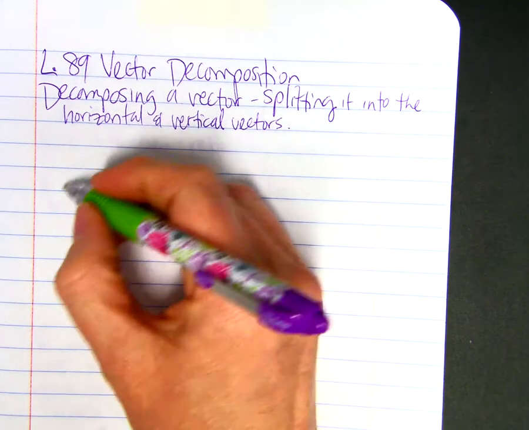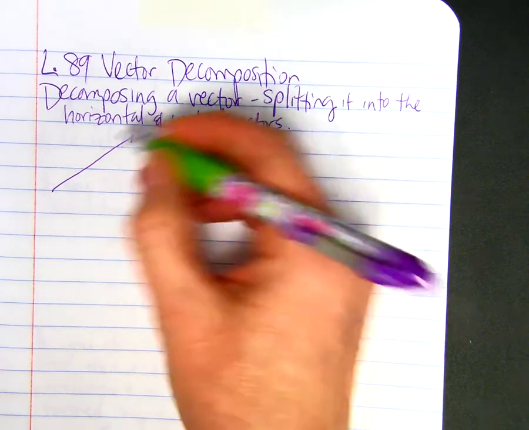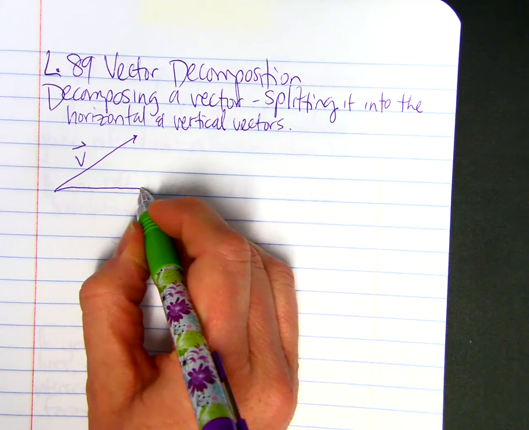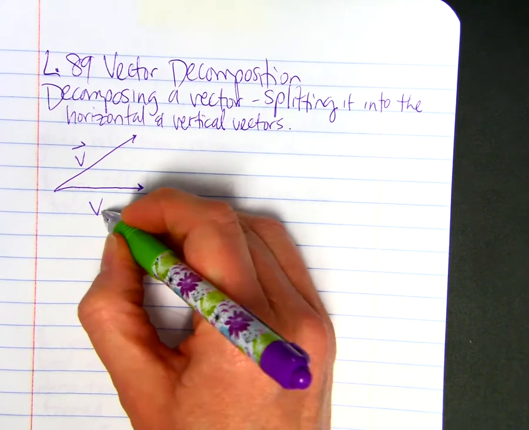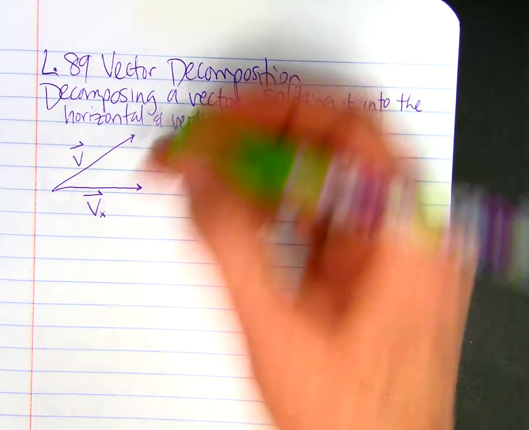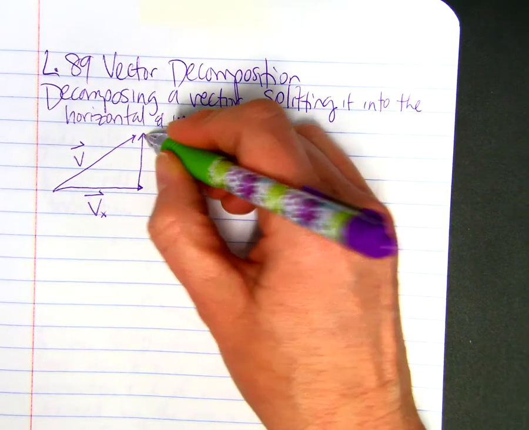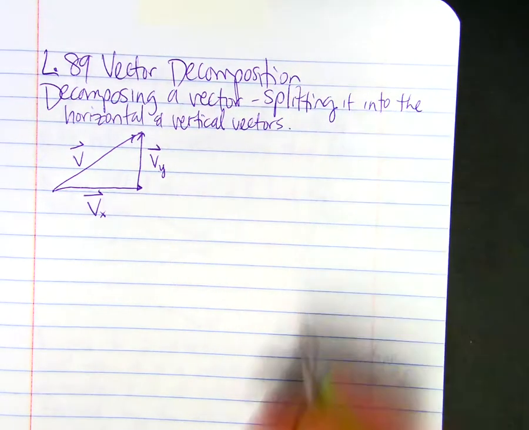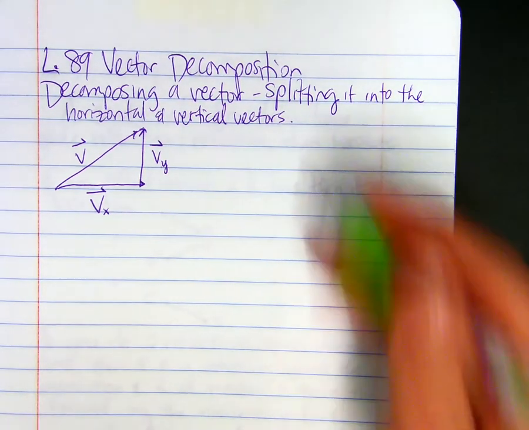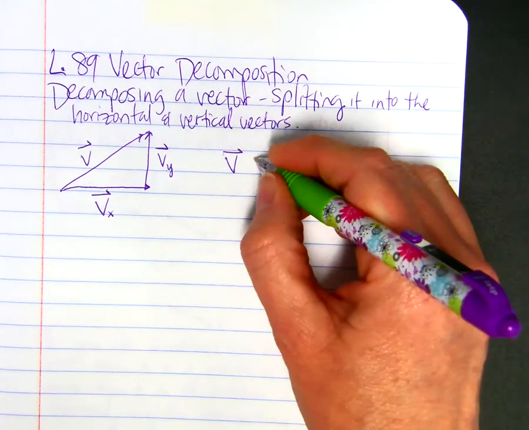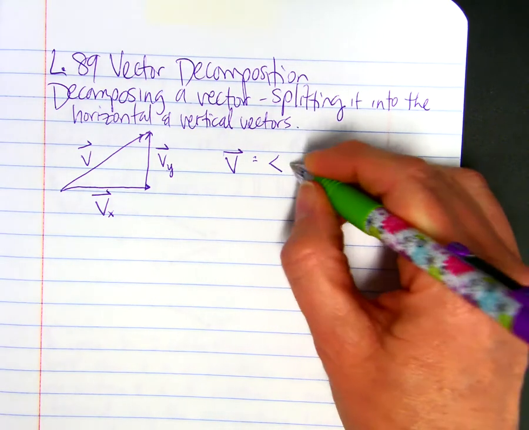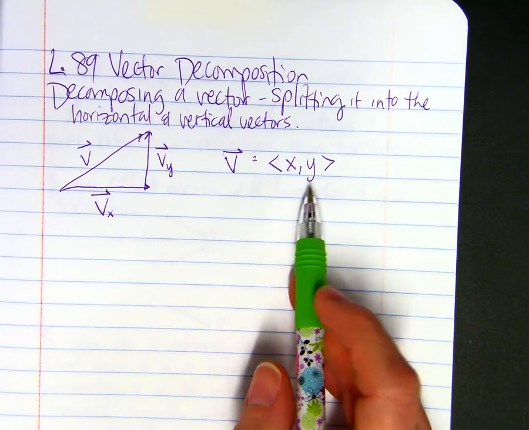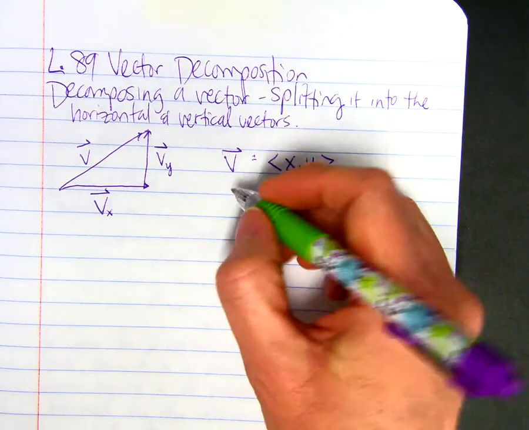So if we have a vector v, and we would call this one vector v sub x, and this one, vector v sub y. So vector v is made up of x, y. So there's the vector x, y.